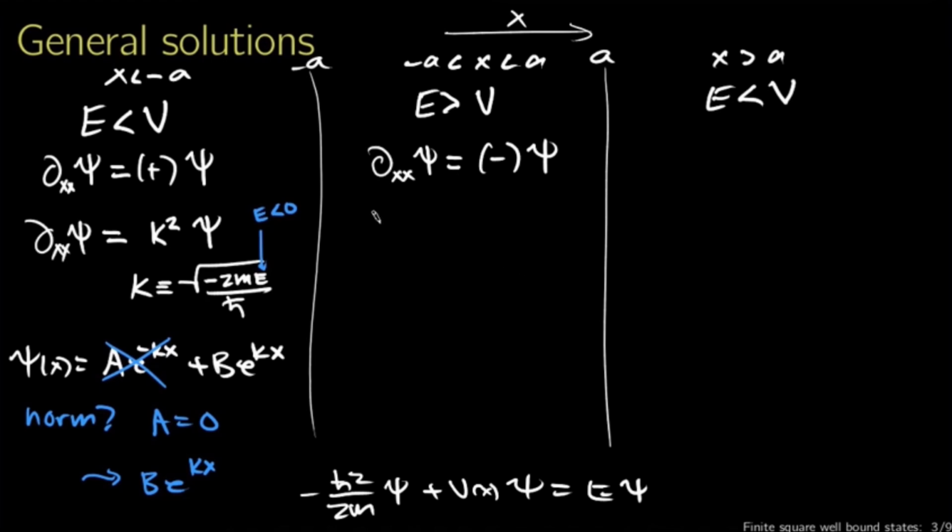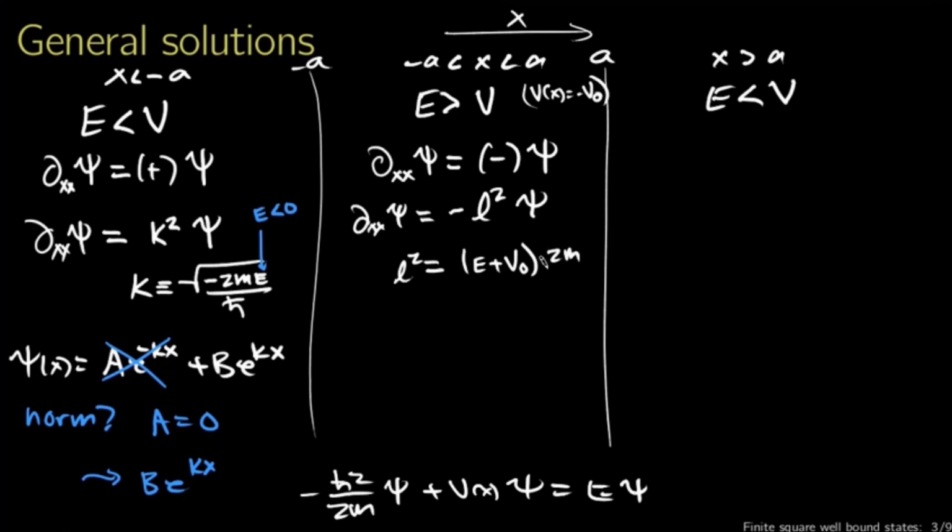The constants that I'm going to define in this region will make it look like the second partial derivative of psi is equal to, and I will call this constant minus L squared psi, where L squared is E plus V naught, since the potential in this region is minus V naught, times 2m over h bar squared. That's the constant we get under these circumstances.